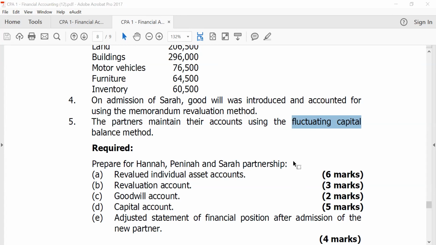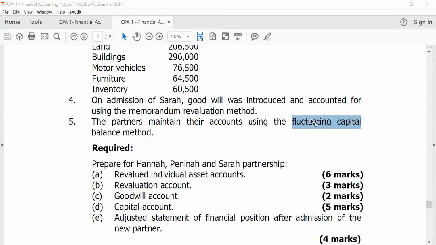Okay, as somebody comes through, I want to say that for the capital balance method, we have 2 methods. One is called fluctuating, sometimes they may also call it floating. And then we have what is called the fixed capital method.